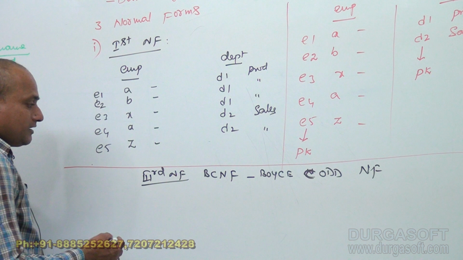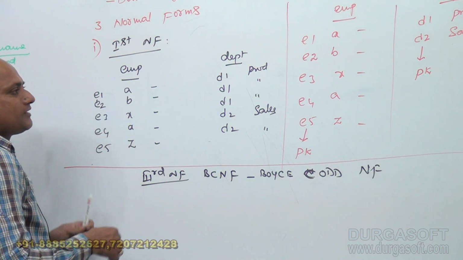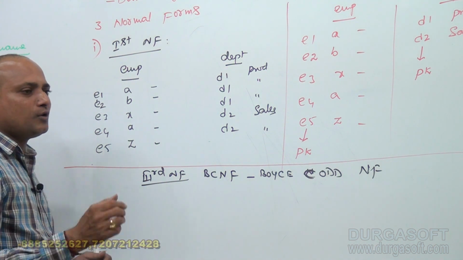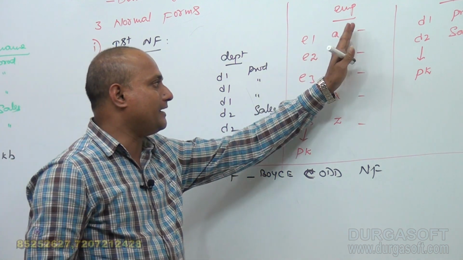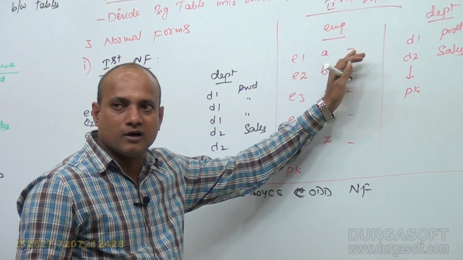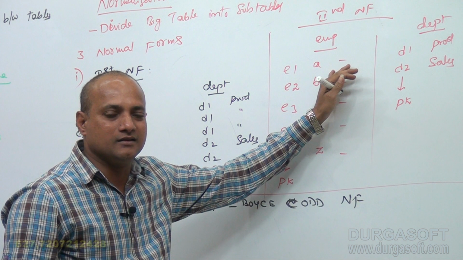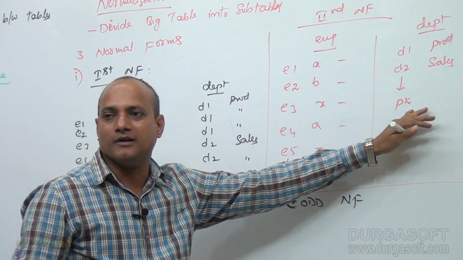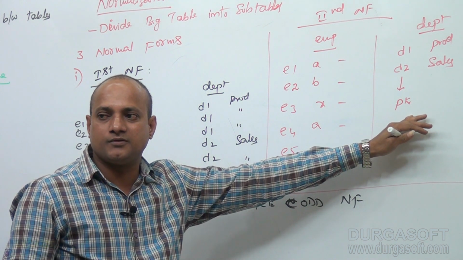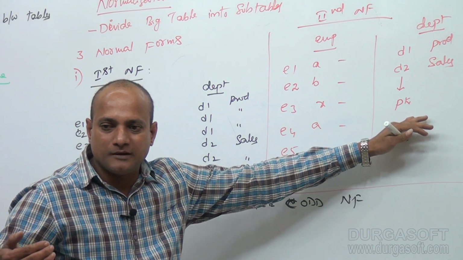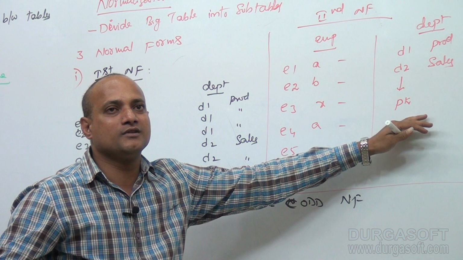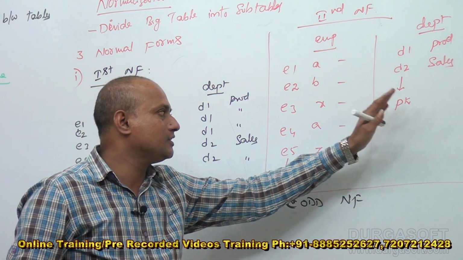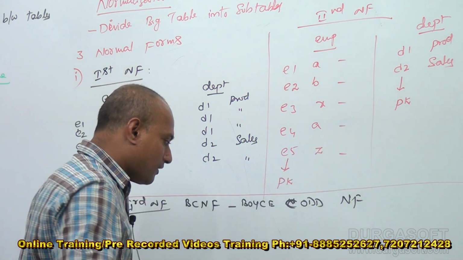And see, what is third normal form? Implement a foreign key column in the EMP table from the primary key of the DEPT table. From the primary key of the DEPT table, you are implementing a new column that is called a foreign key column in the EMP table. How do I?